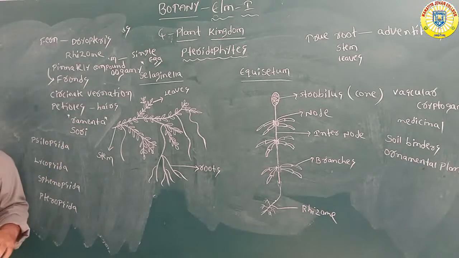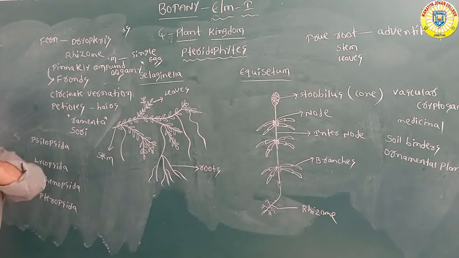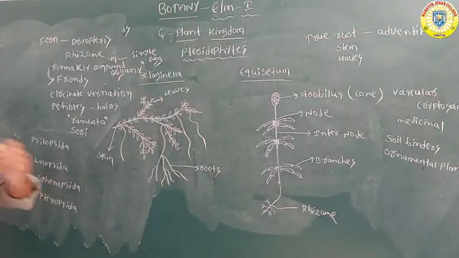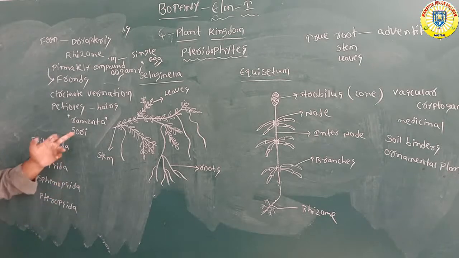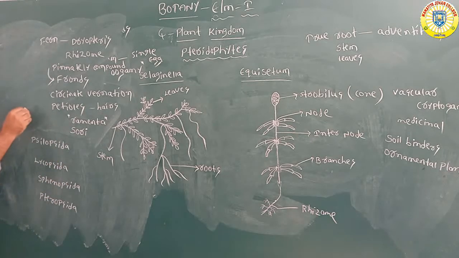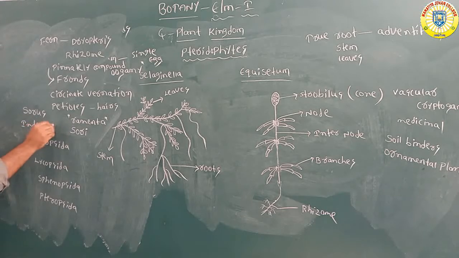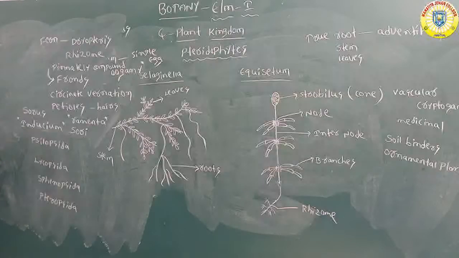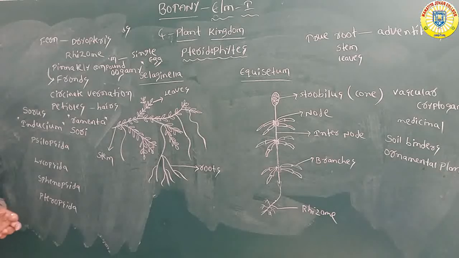Sori is plural, sorus is singular. Each sorus is covered with a membrane called the indusium, a particular layer called the true indusium.